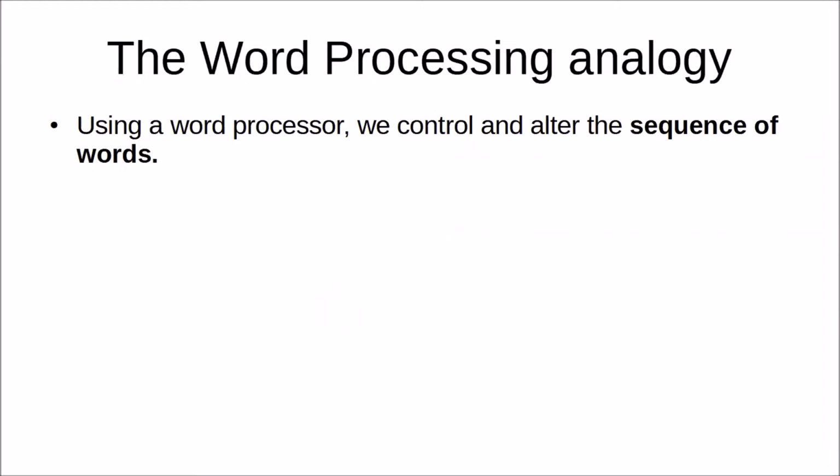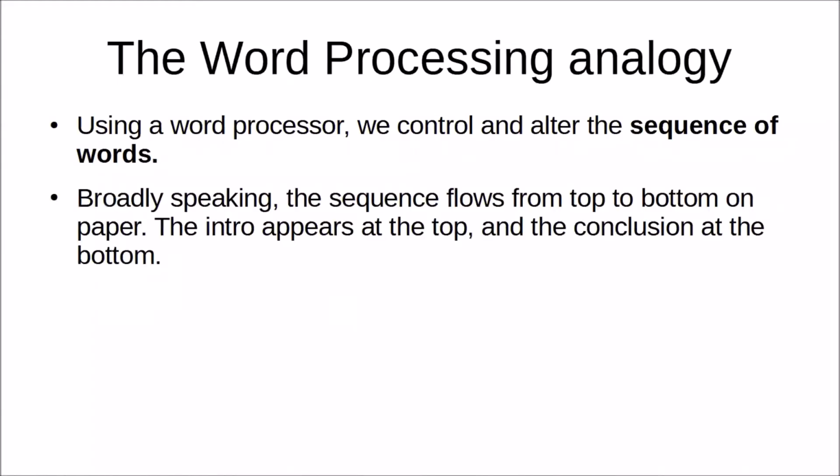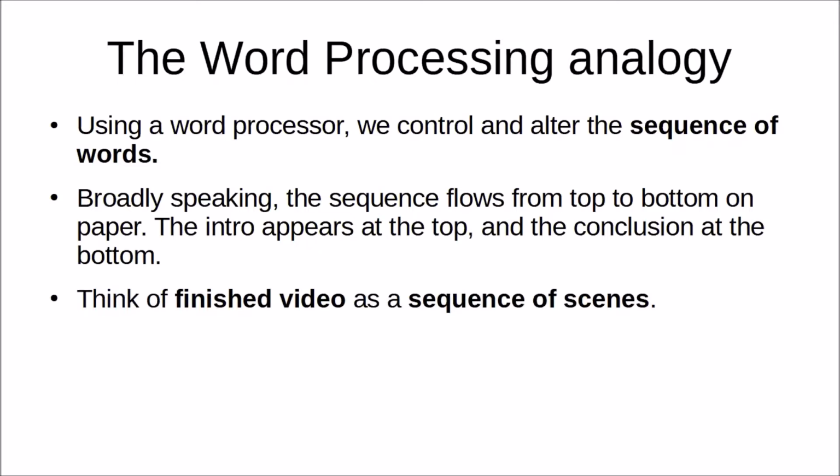And that's why we call it controlling and altering the sequence of words. And in word processing, broadly speaking, the sequence flows from top to bottom on paper. The intro appears at the top and the conclusion at the bottom. And so you can think of a finished video as a sequence of scenes.